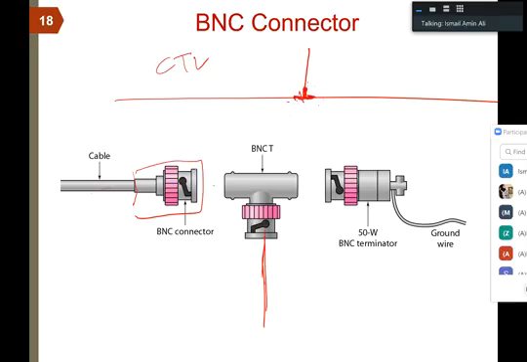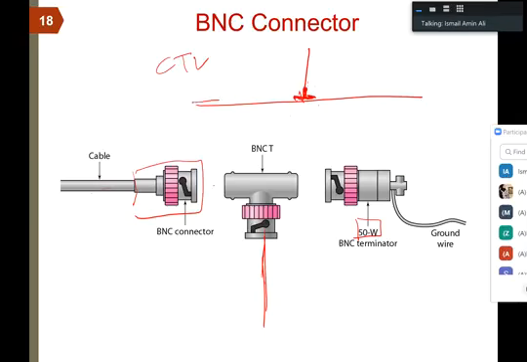If you reach the end of the cable and there are no devices, you have to terminate it with this terminator, a 50 ohm terminator. Why do we need terminators? You studied this also. We said this is a transmission line, right?